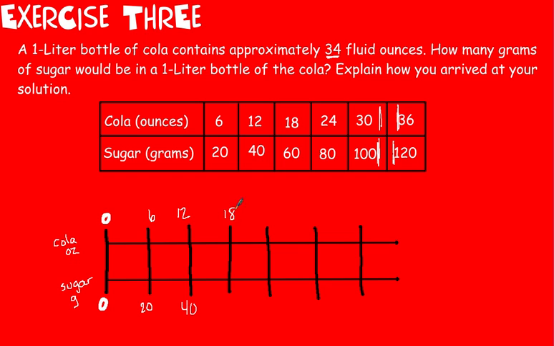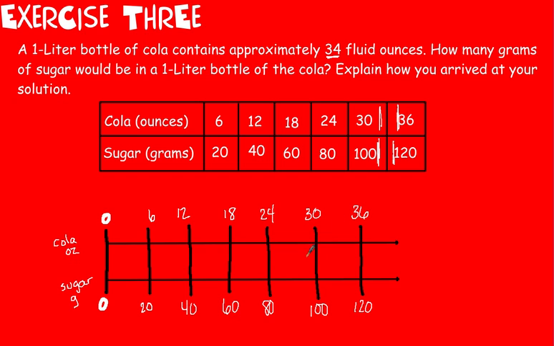And then it's 18 and 60, 24 and 80, 30 and 100, 36 and 120. And again, to get these, we used the 6 to 20 ratio, and we did times 2, times 3, times 4, times 5, times 6.